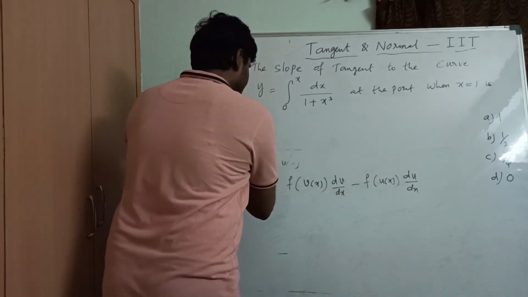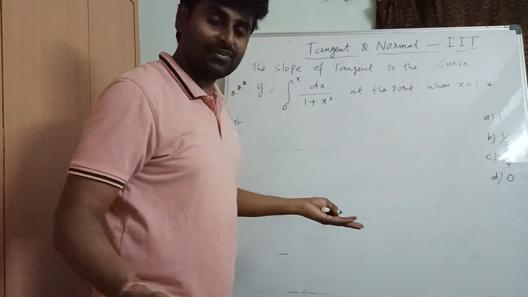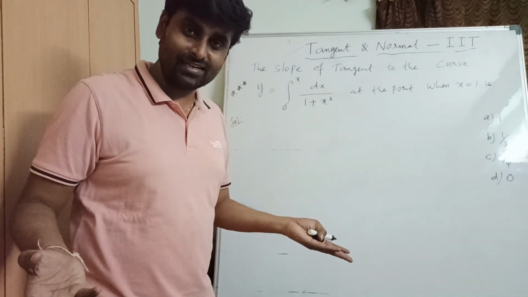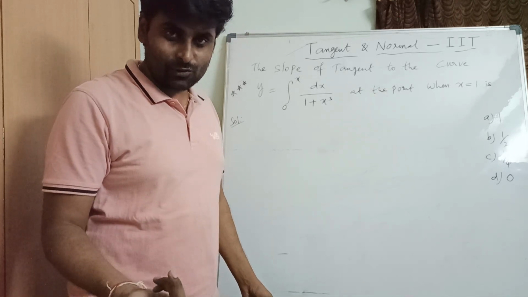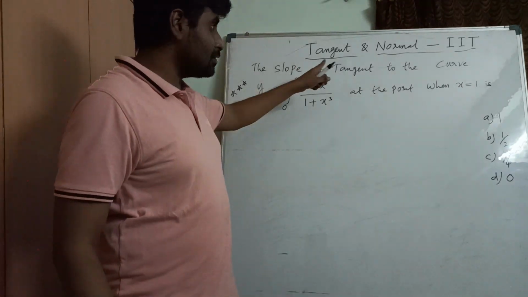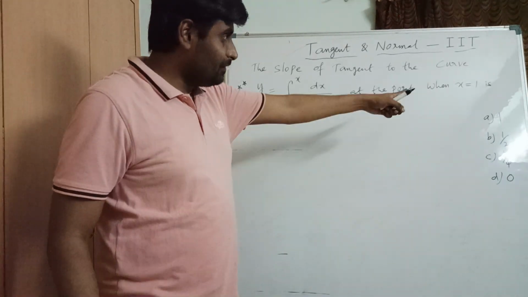Now tell me why we need to find dy by dx here. Obviously everywhere we are finding dy by dx, because without finding dy by dx how can you find the slope? Correct? What are we going to find out? Slope of tangent. Slope of tangent means dy by dx at that given value.